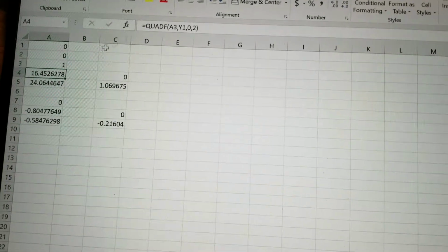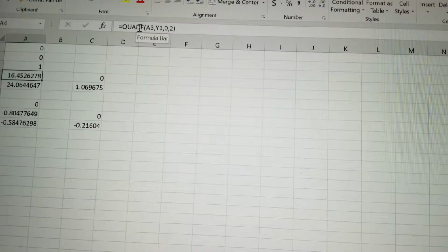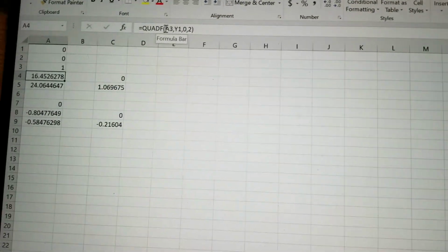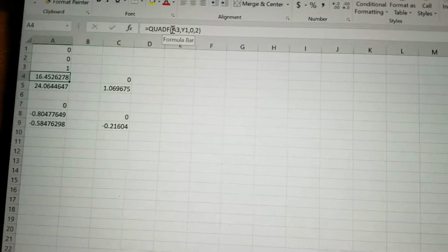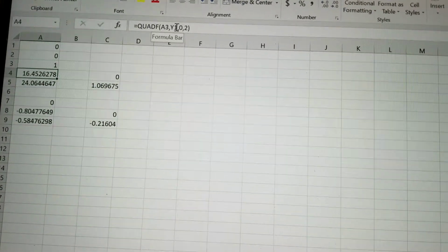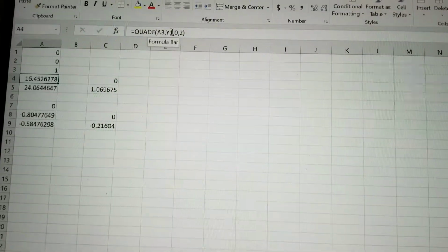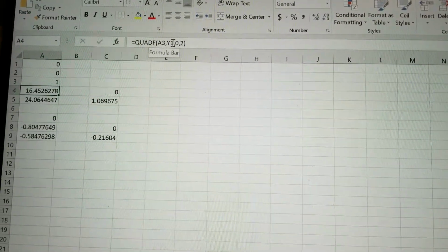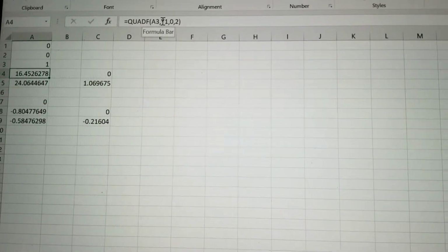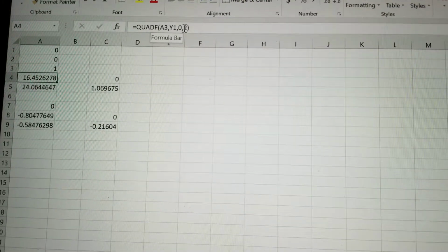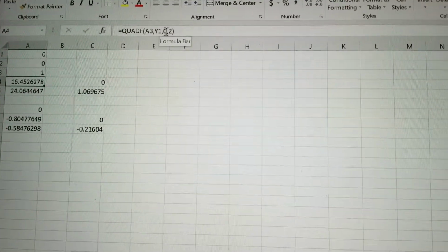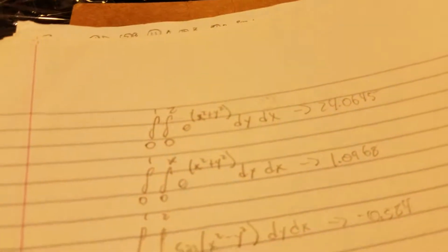is I went over here and it's just a function, and you put the formula or the box where you wrote the formula, so A3, and then the integration, like what are you going to integrate by, which is y, so dy, and then the range, from 0 to 2.